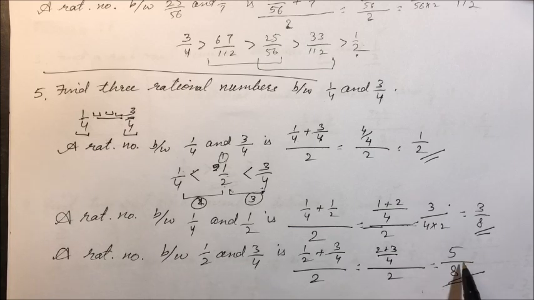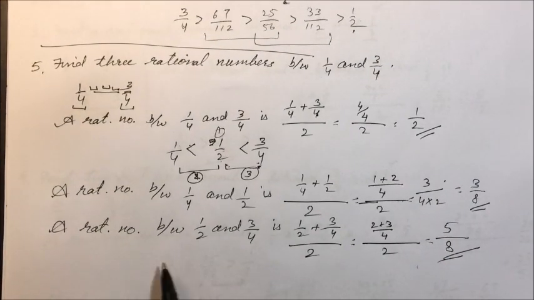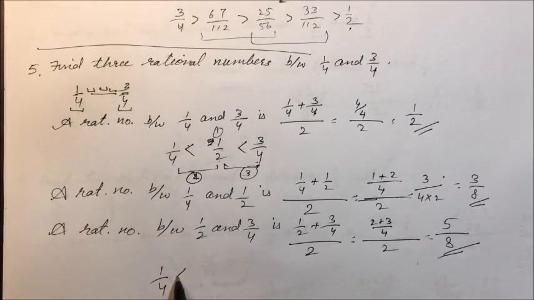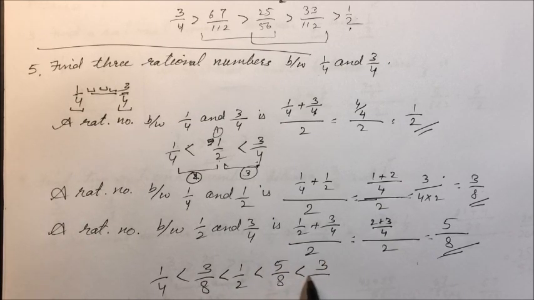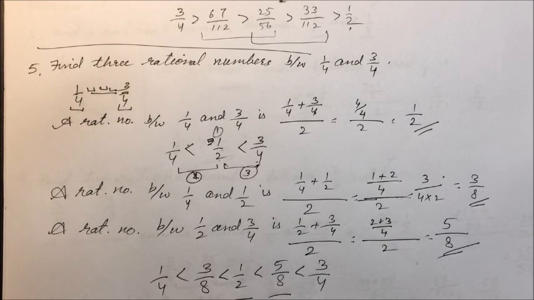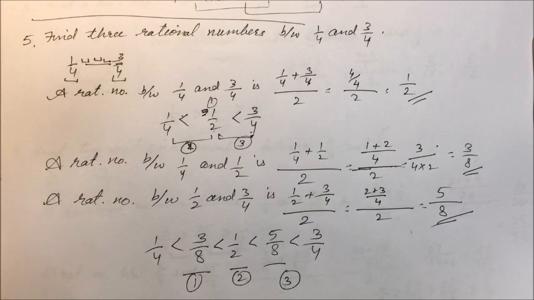So the next rational number is 5 by 8. So how will we write? 1 by 4 less than 3 by 8, this is the first rational number, less than 1 by 2 less than 5 by 8 less than 3 by 4. So we inserted 1, 2, 3 rational numbers between 1 by 4 and 3 by 4.